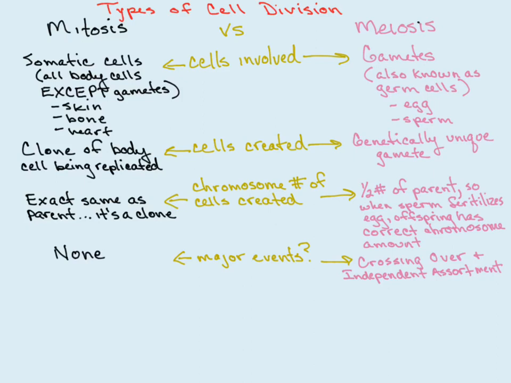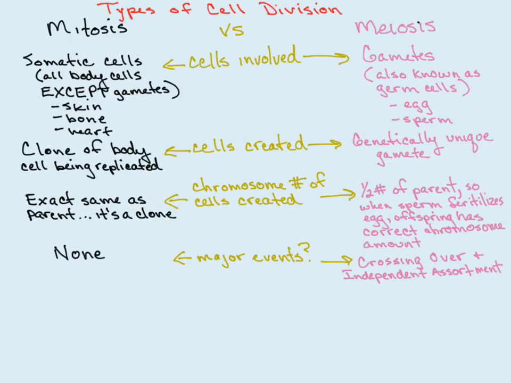These are what create genetic diversity in species. Okay? And when we do Punnett squares and dihybrid crosses, we can see crossing over and independent assortment in action. That's why, especially dihybrid crosses, are so cool.